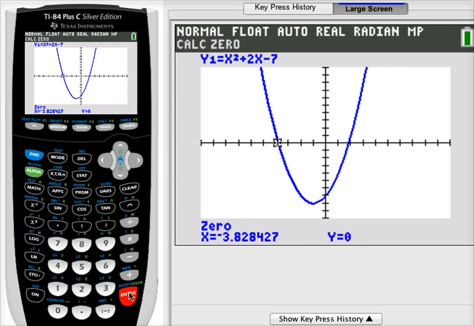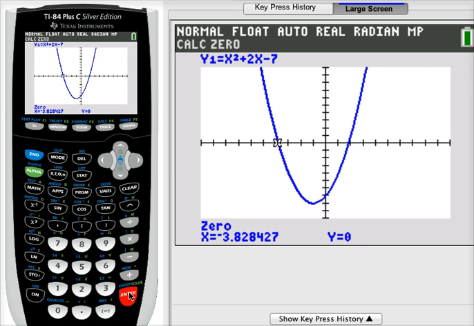Just hit enter one more time, and it'll calculate it for you. So notice down at the bottom, it says x equals negative 3.828427. That is our zero, the x-intercept. So right now, please write down negative 3.83. You're going to have to know that. So that's our first intercept.